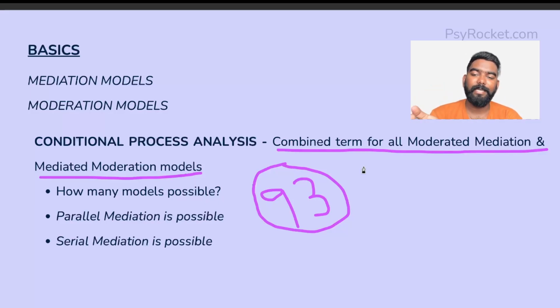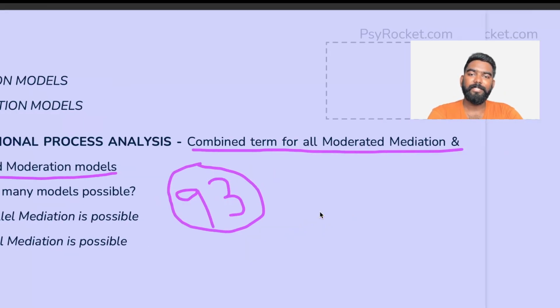Parallel mediations are where there might be two factors which can individually cause a particular dependent variable. Serial mediation means one independent variable will affect a mediator first, and then that mediator will affect another mediator, and then that mediator will affect the consequent dependent variable. So in these cases we will use serial mediation, and a combination of parallel and serial mediations is also possible. Okay, please refer to it.